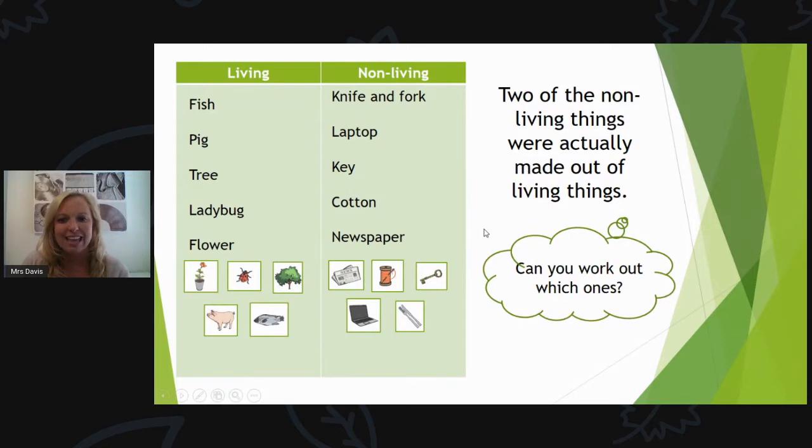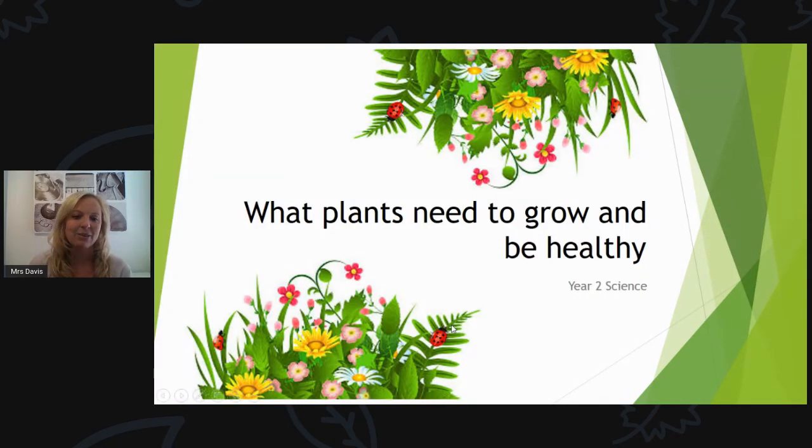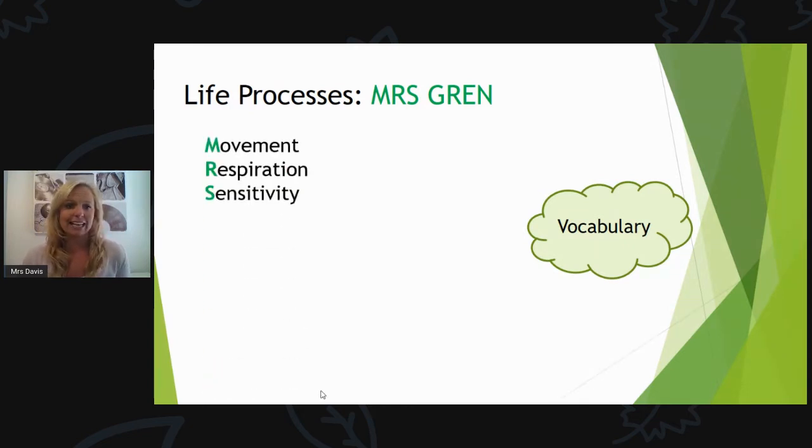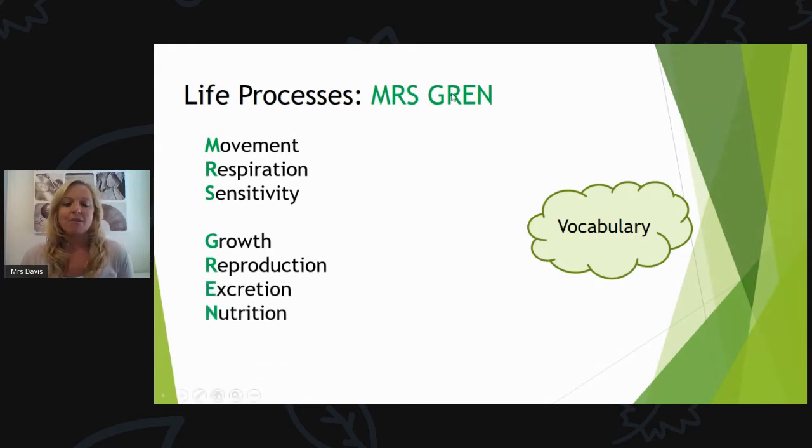Brilliant job on that. So for today we are looking at what plants need to grow and be healthy. Now our vocabulary: I'm just going to introduce to you some words that we're then going to speak through. Basically, we're looking at life processes, and these can be remembered in a nice little acronym called Mrs Gren.